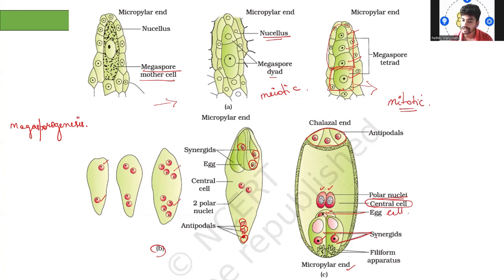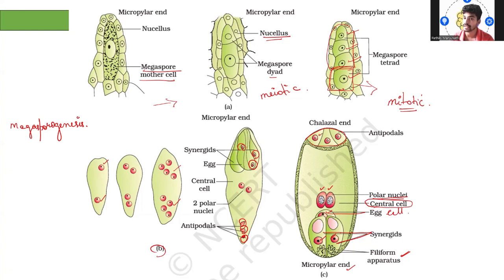The synergids will have a specialized cellular thickening, which you will find at the tip of the micropylar end, called the filiform apparatus, which plays a very important role in guiding the pollen tube into the synergids. So these three cells are one point.